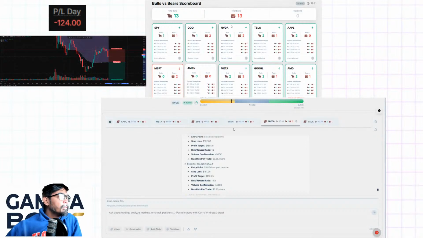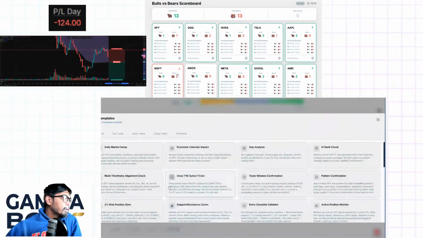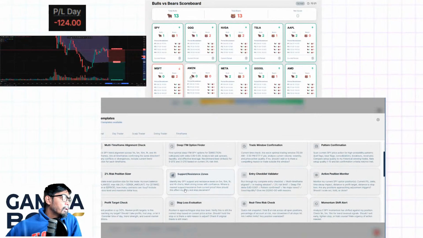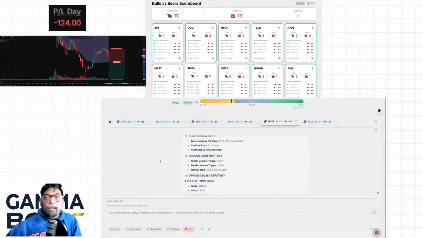Let's go back to NVIDIA and look at the support resistance zones.